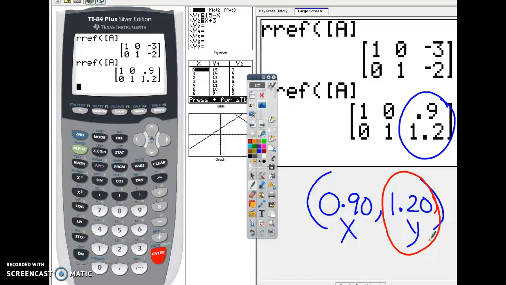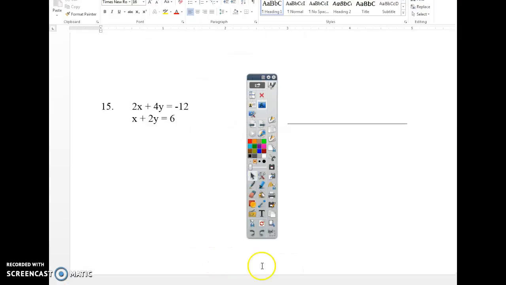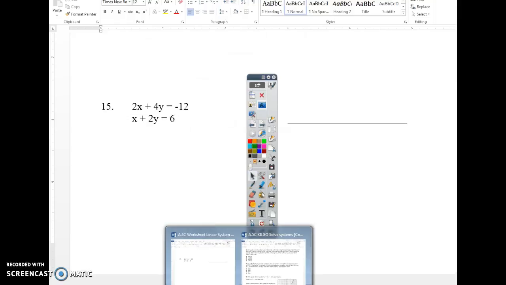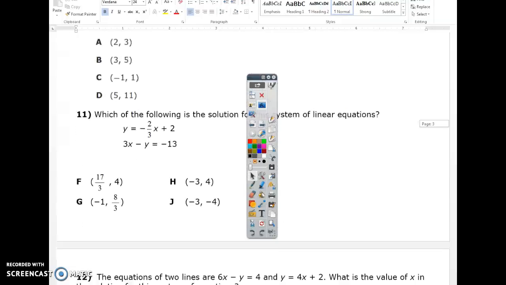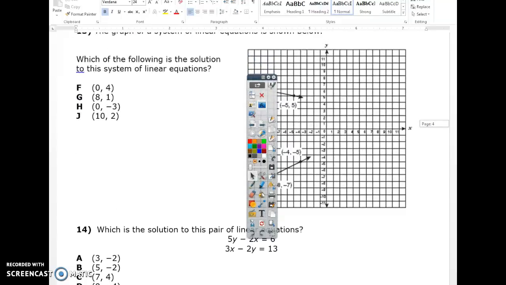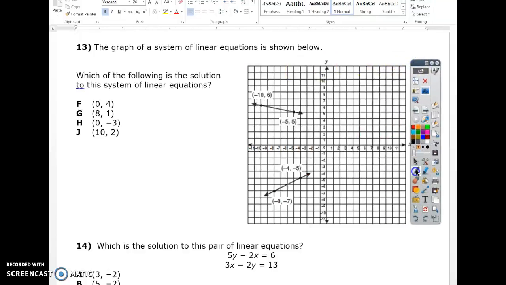Okay, let's do number 13. This is the last one, and I'm not going to finish it with you. I'm just going to start it. There's different ways to do this.